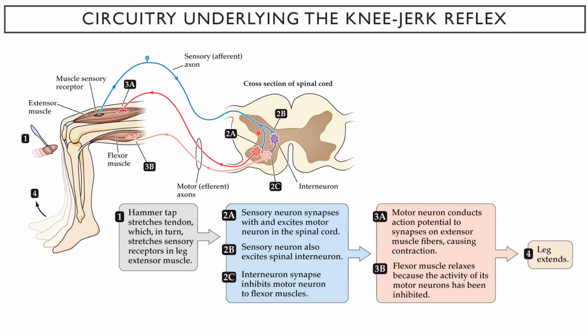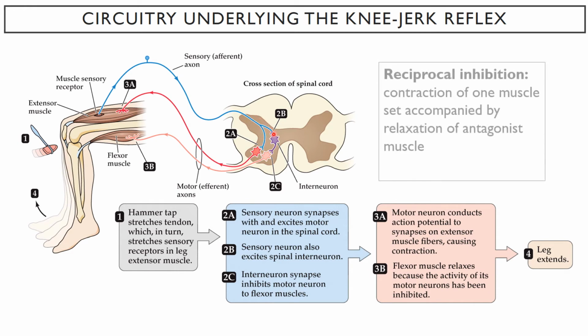And then, as a reflex, it synapses onto some neurons that are within the spinal cord itself. It doesn't require any input up to the brain and back from the brain. Instead, this entire circuit exists just within the spinal cord itself. So this neuron, it's increasing its firing rate, and it splits, and it connects to two different neurons.